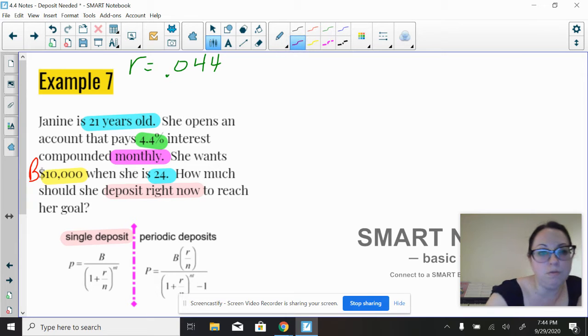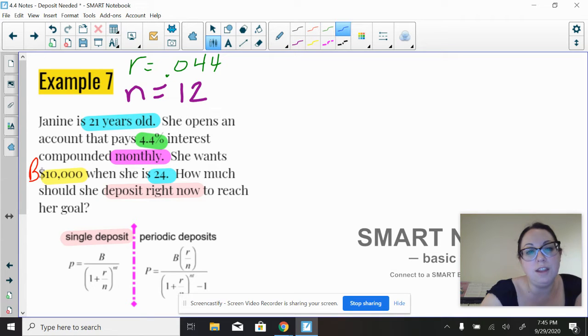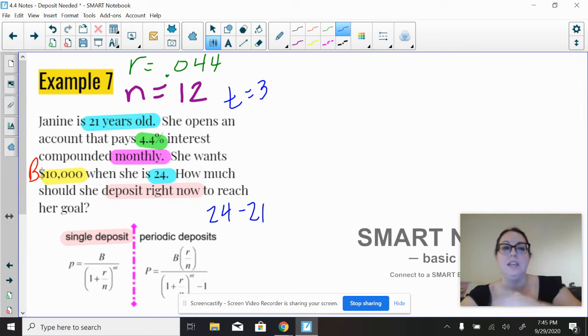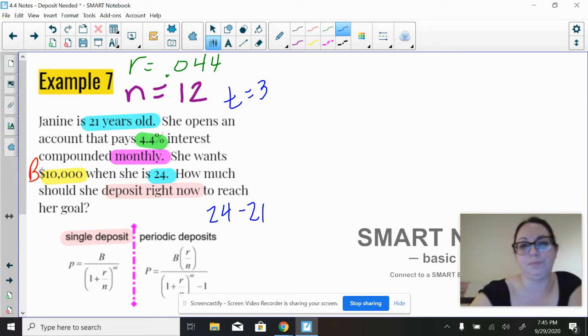My N value: it says that the interest is going to be compounded monthly. That means it's going to happen 12 times a year. And when I want to find out my T value, I'm going to take my 24 and subtract 21. So 24 minus 21 gives me a time value of 3 years. So she's got a goal to save $10,000 up in 3 years.